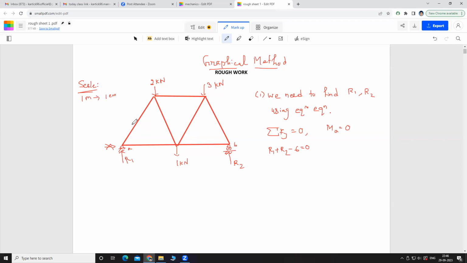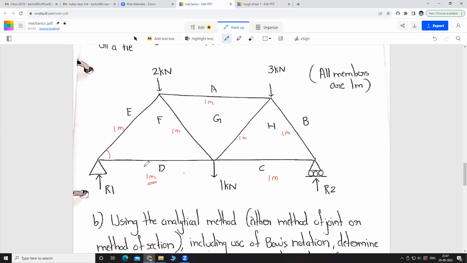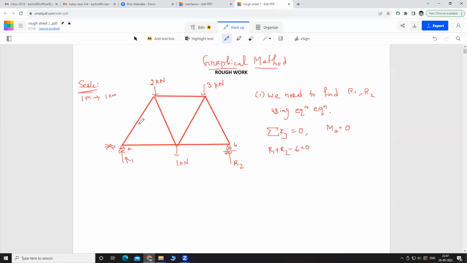And as all the edges are 1 meter, this is an equilateral triangle. So just draw this line of 1 centimeter, then from these two points take 1 centimeter and using a compass you can draw. Or using a protractor, just make a 60-degree angle.